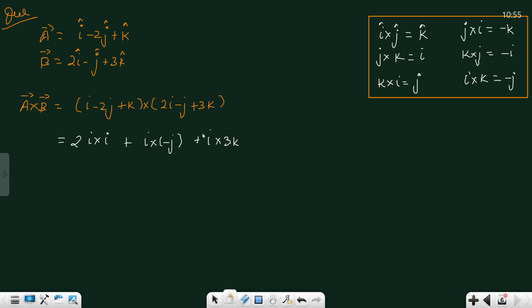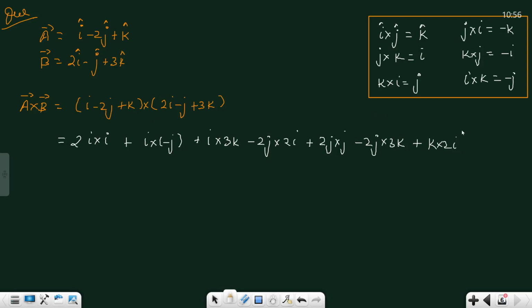Then minus 2j cross 2i. Then minus 2j into minus j, so it will become plus 2j cross j. Next, minus 2j cross 3k. Next, k cross 2i.